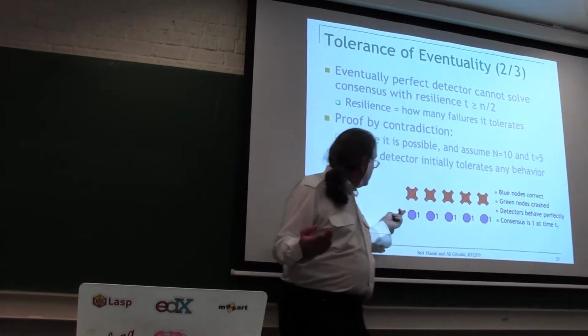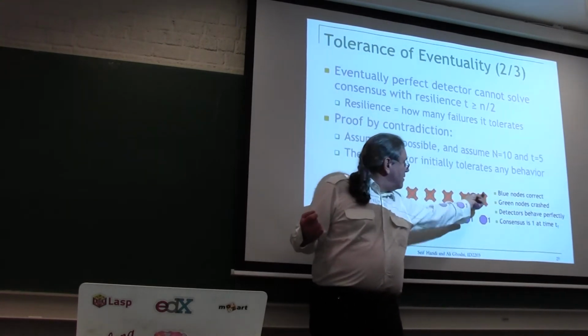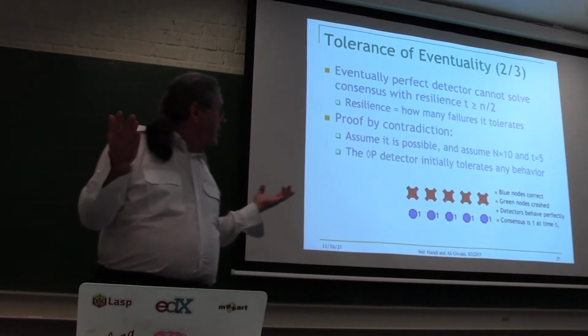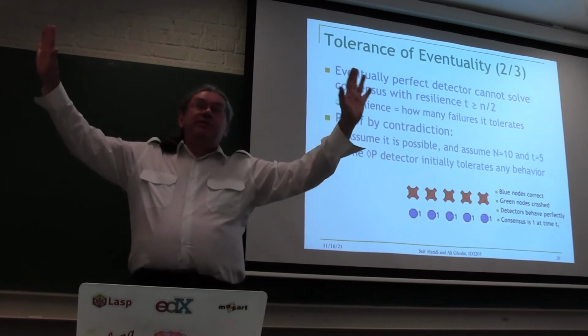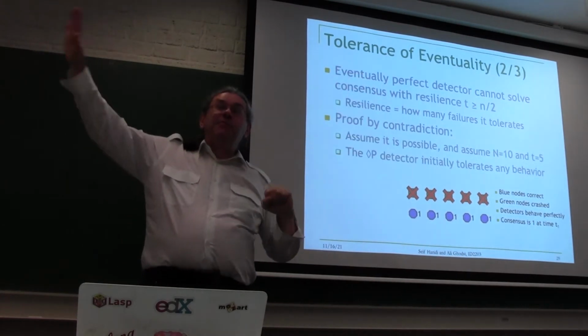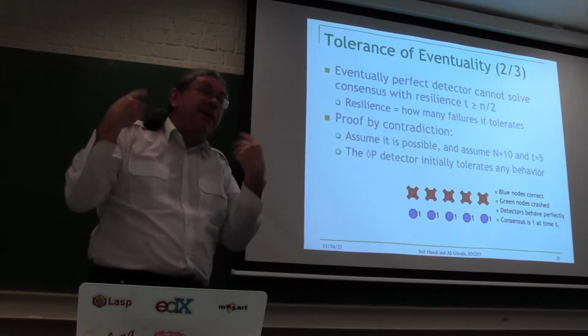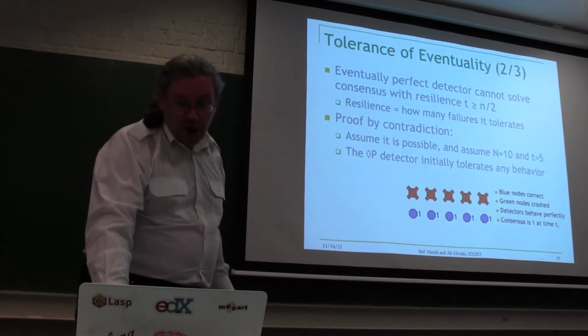There are 5 correct nodes, they all propose 1, they detect this failure, they decide 1. Now, you have these 2 executions. One of them decides 0, one of them decides 1. Now let's bring them together. And maybe you already are getting some idea of where we're going here.